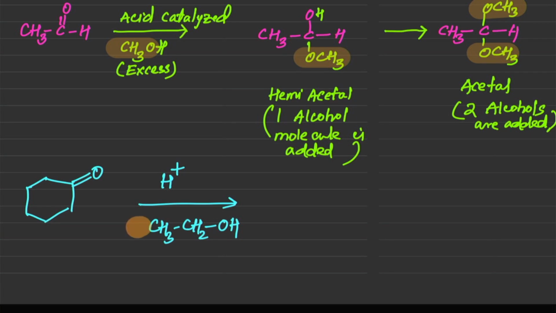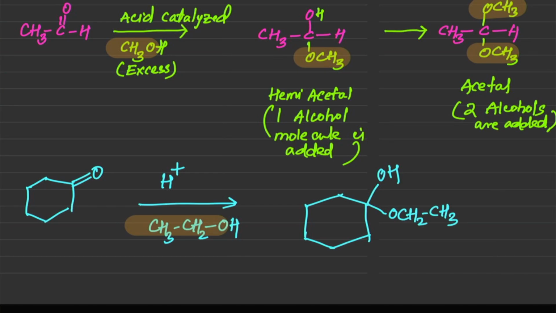Maybe I would color code this. When you draw the product, the first step is to draw this one and convert this carbonyl to OH, and on the other side you add your first alcohol, OCH2CH3. We'll go over the mechanism in a second. This is the first alcohol you added across the pi bond. That is your hemiacetal.